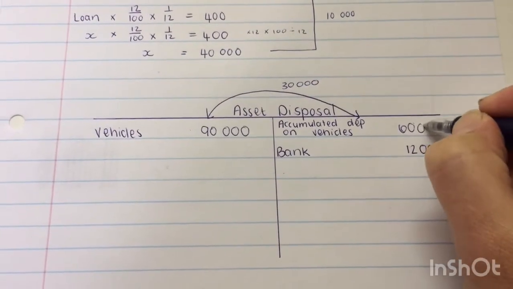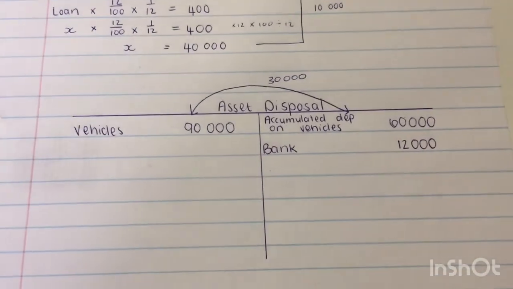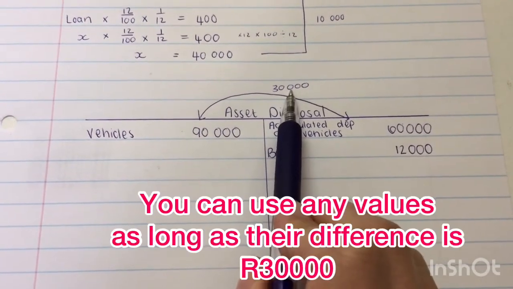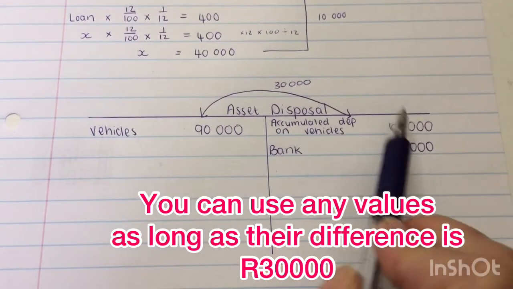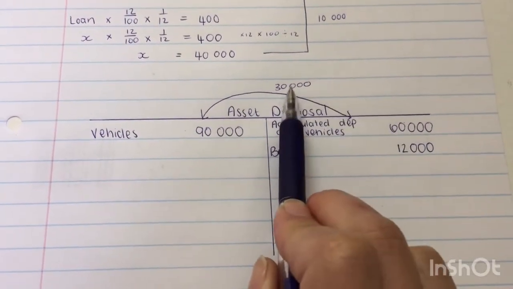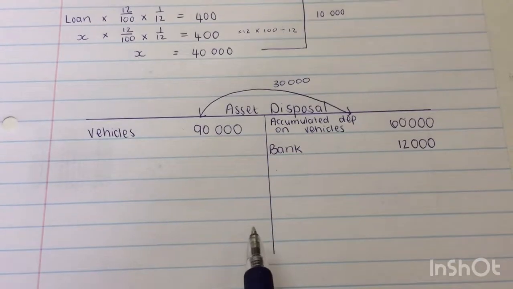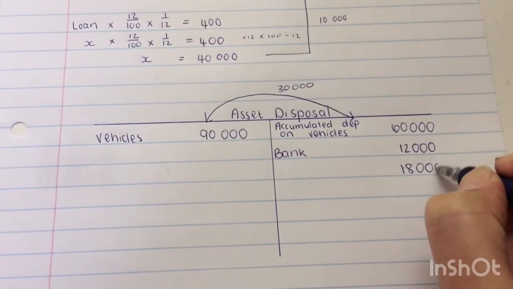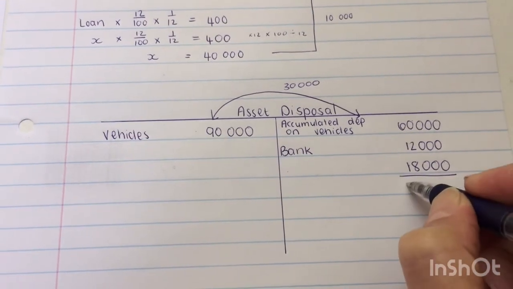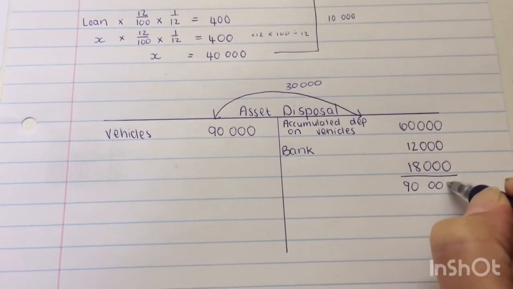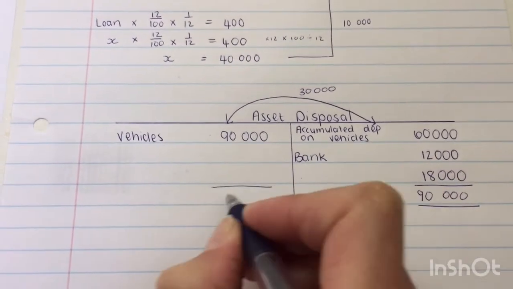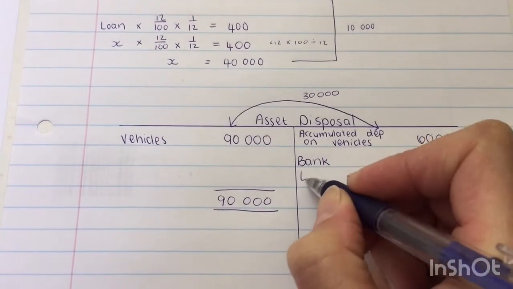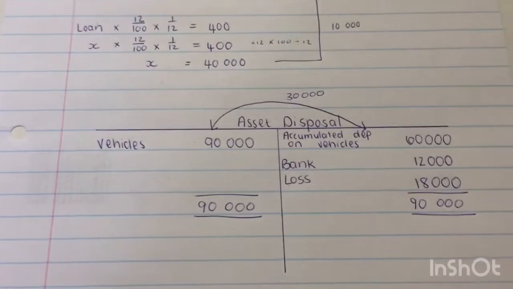Then it means my accumulated depreciation will be 60. 90 minus 60 will give me the 30. As long as the difference between these two amounts gives me 30, you can fill in anything. And then it will work out that I need another 18,000 over here so that both sides will add up to my 90,000 Rand. And that will then be the loss.